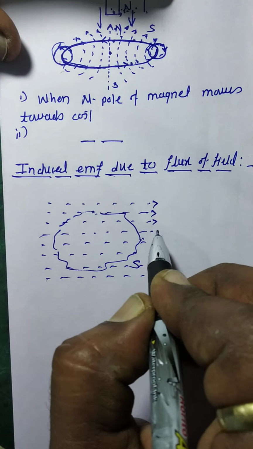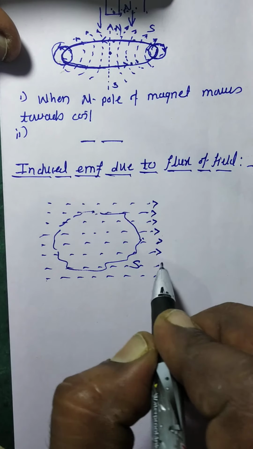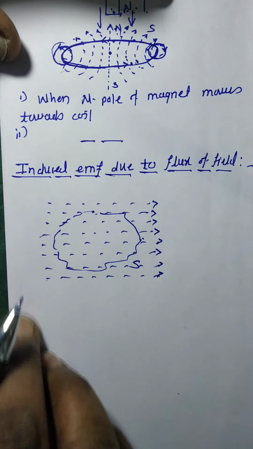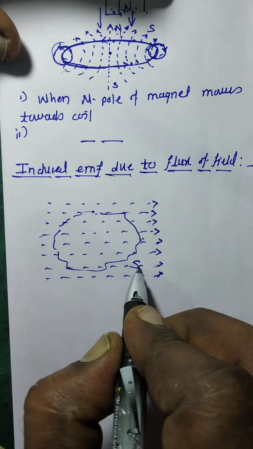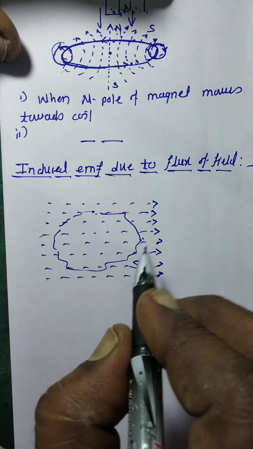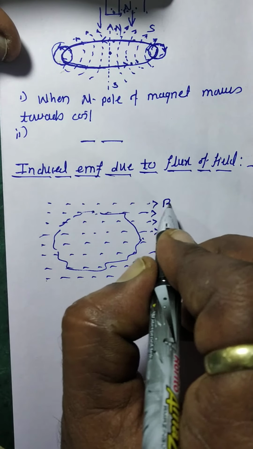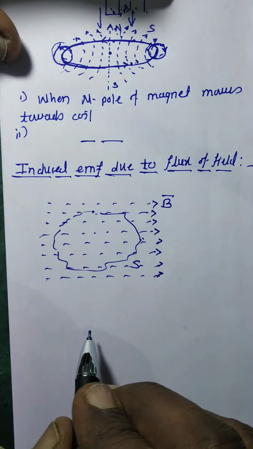Consider a small area situated in a magnetic field of induction B.